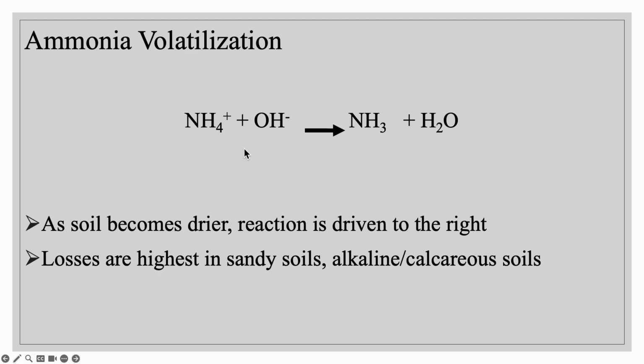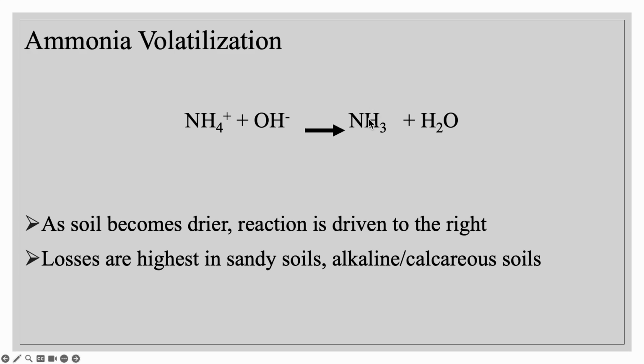Again, no need to worry about the chemical equations, but have an understanding that when our soils become more alkaline, or when we have a greater hydroxyl concentration, one of these hydrogens will dissociate and form water, leaving us with ammonia and H2O.